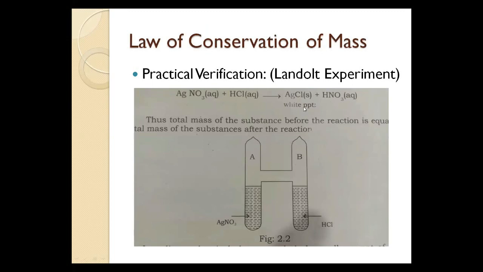Precipitates are insoluble particles which settle down in a chemical reaction after its completion, and HNO3 in the form of a liquid. When AgNO3 and HCl are shaken in an H-shaped tube, we get AgCl plus HNO3.